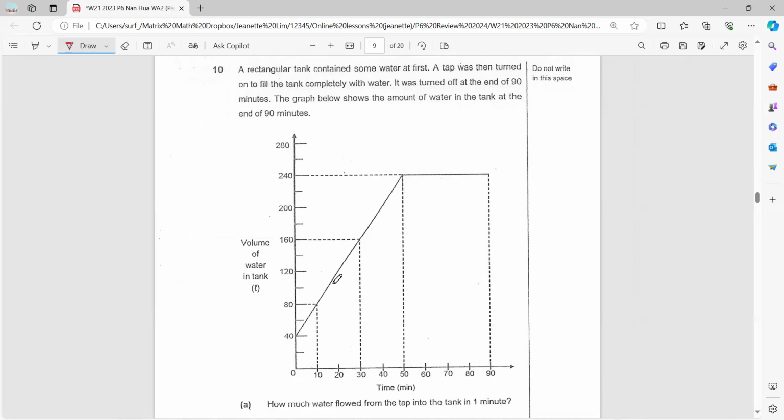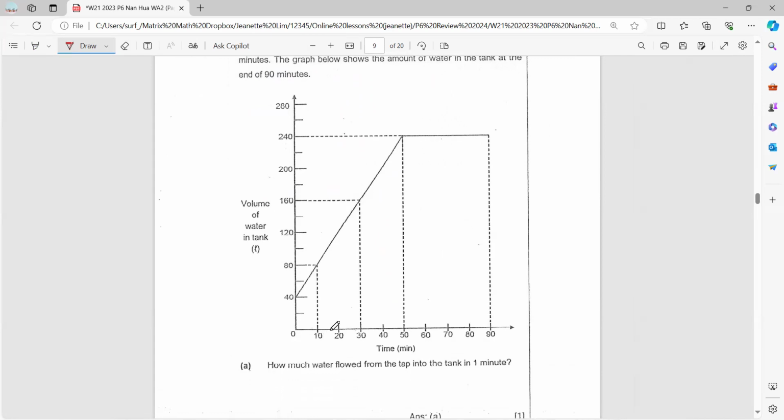As you can see, the volume is increasing up to this point. After that, it goes stagnant, although the tap was still turned on. By this time, the tank is already completely filled with water. Anything more, the water will just overflow.